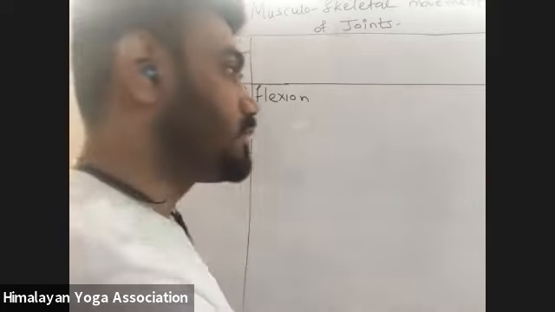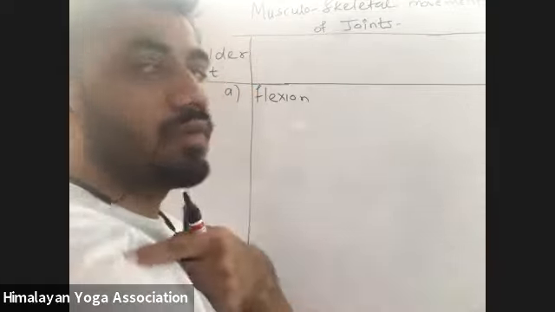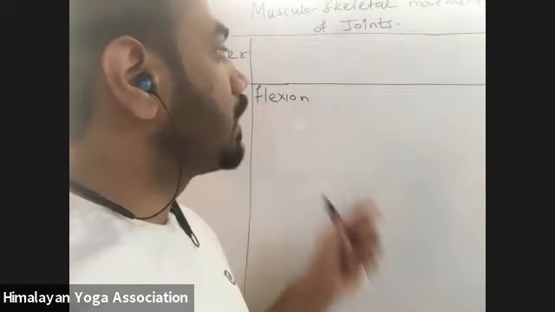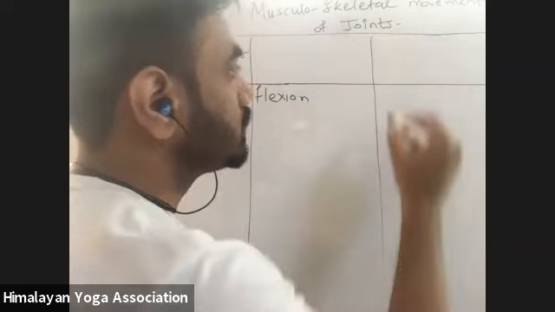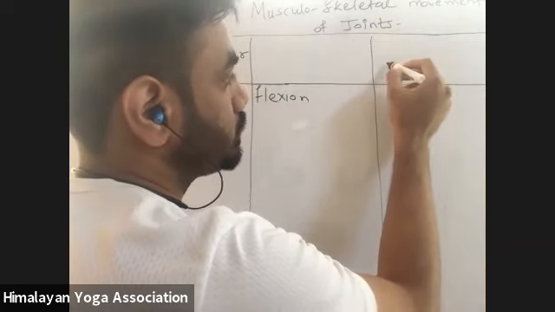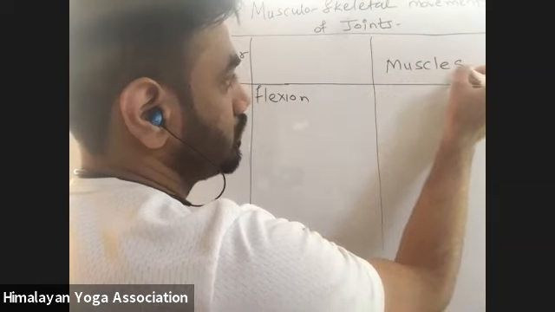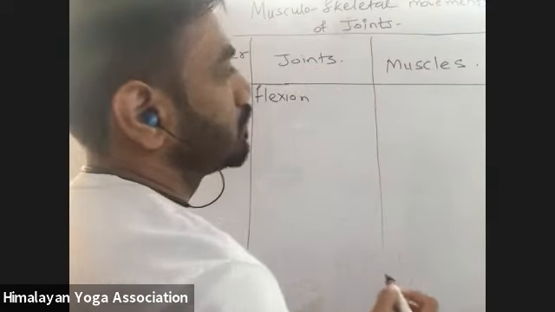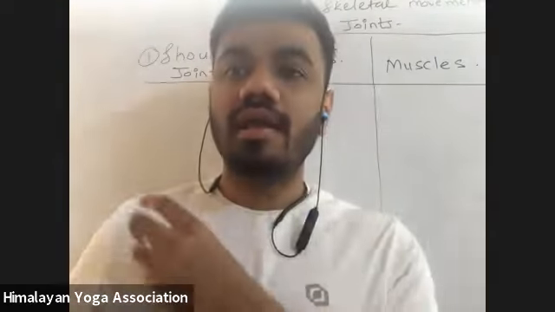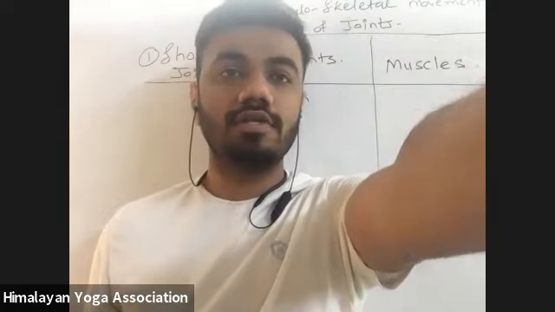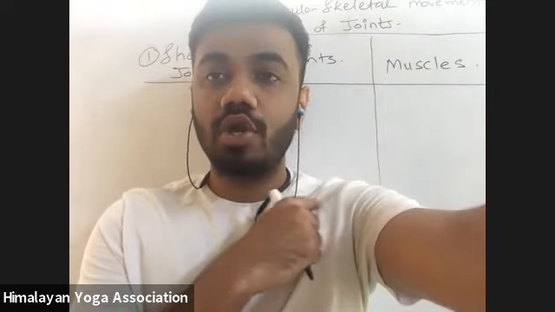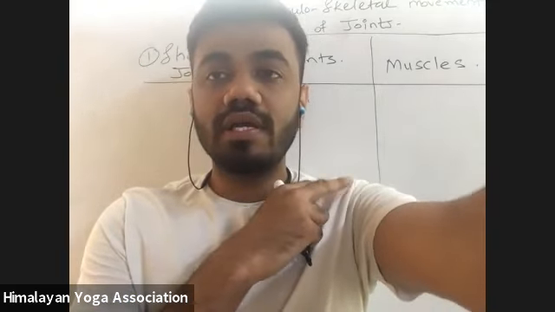When we bring the arm straight in the front, that means we move the arm from the shoulder joint, that is flexion of the arm. So when we flex our arm, which muscles get engaged? That means our anterior deltoid muscle. This is our anterior deltoid, the muscle getting engaged.